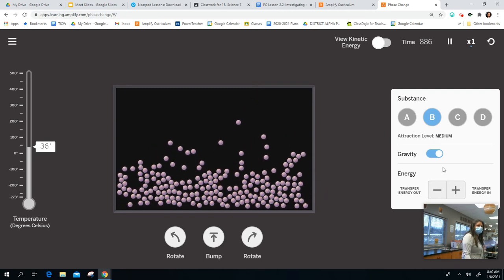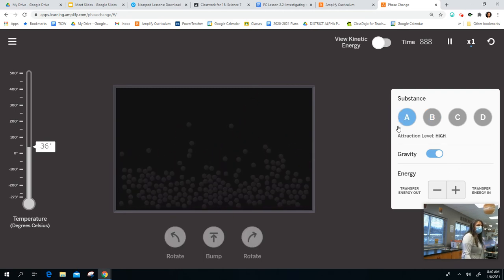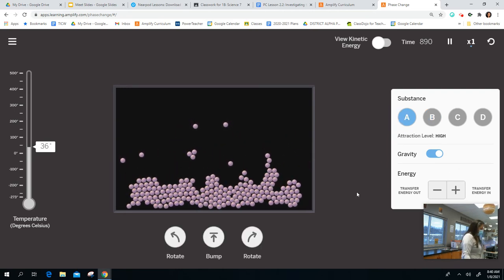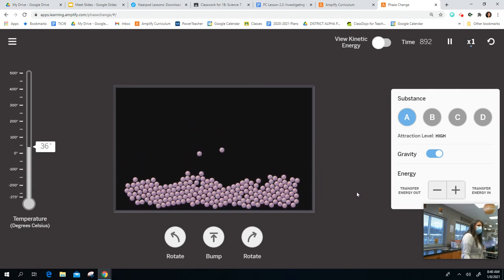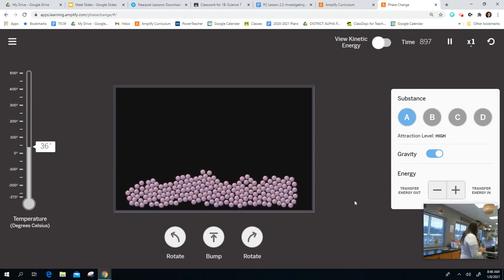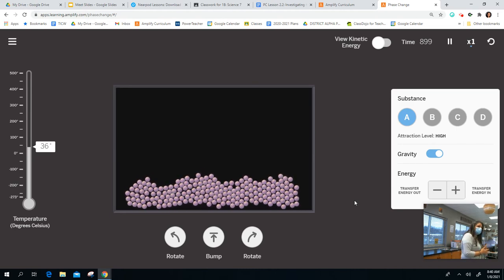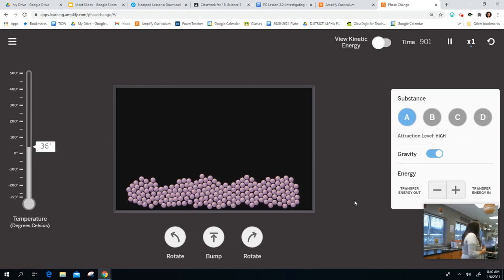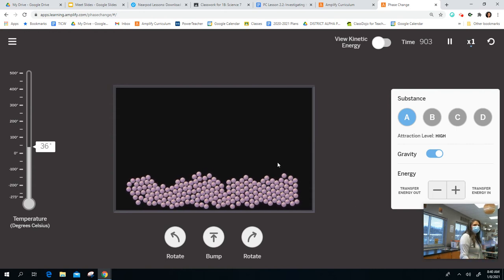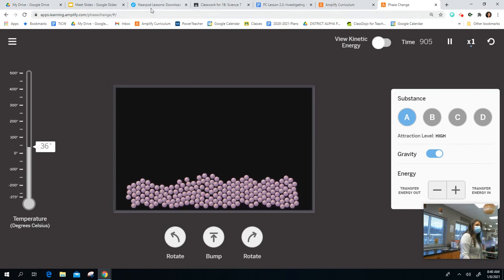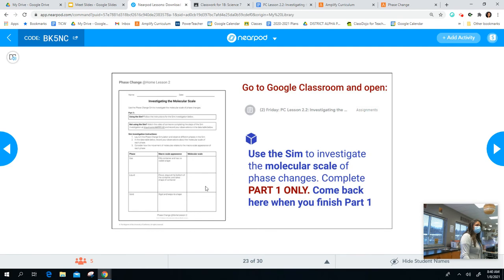And then for our solid, they become even more rigid. So in that one, you would describe it more as them remaining in place. They are moving back and forth, but they're very rigid. They're resisting that movement of filling the container. So you should have all 3 of those filled in. Solid, liquid, gas.